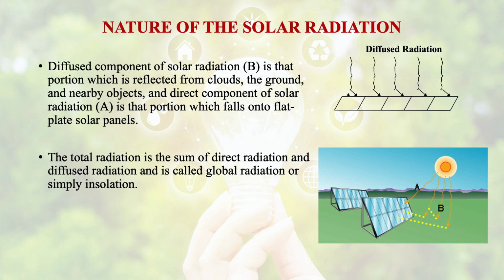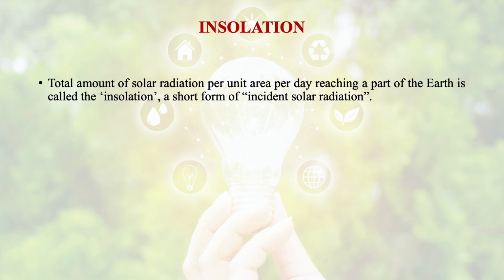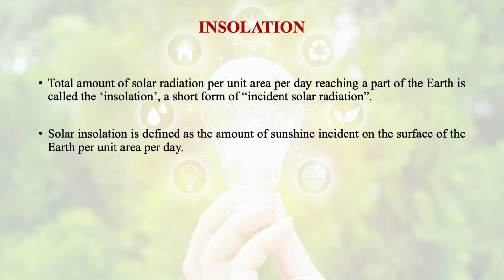And now, what is insolation? It is the total amount of solar radiation per unit area per day that is reaching a part of Earth and is called the insolation. A short form of incident solar radiation is insolation. Solar insolation is defined as the amount of sunshine incident on the surface of the Earth per unit area per day.